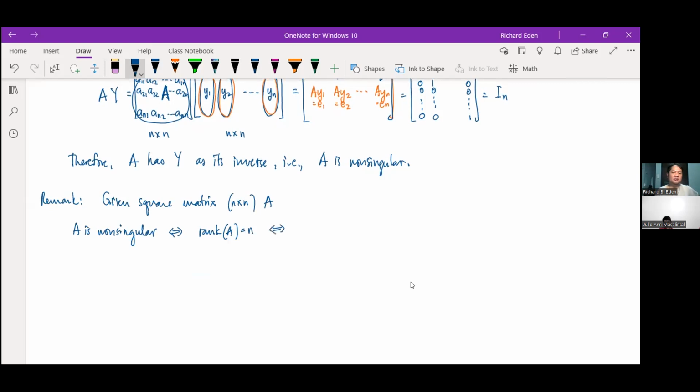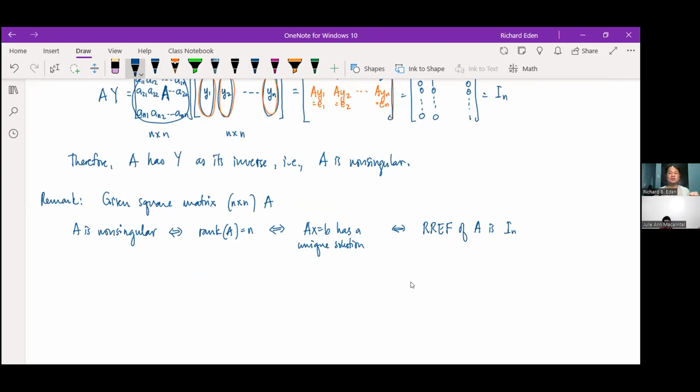If and only if the linear system ax equals b has a unique solution. If and only if I haven't used this abbreviation, but you're familiar with row reduced echelon form. Opo. Row reduced echelon form of A is I sub n.